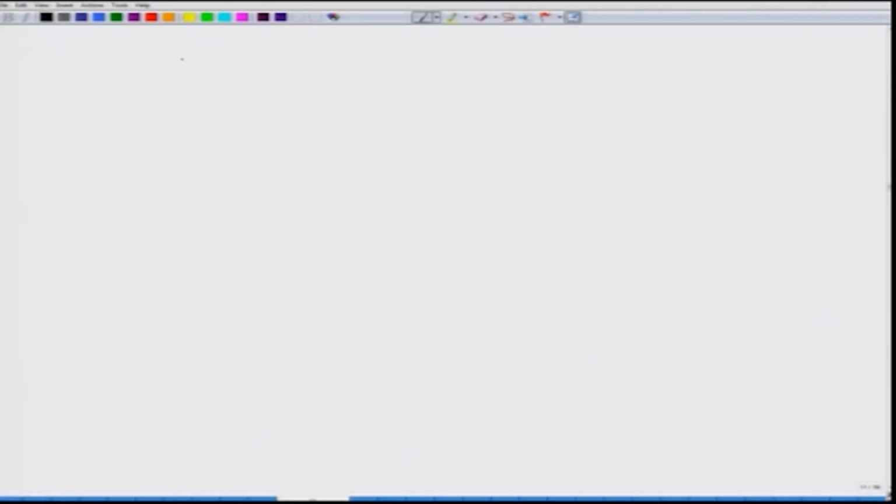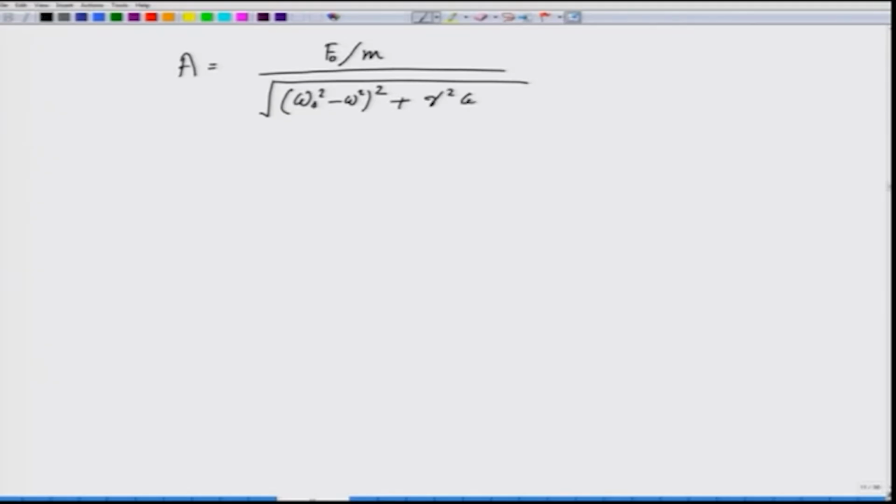Recall that the amplitude is given by F0 divided by m times the square root of (omega 0 square minus omega square) whole square plus gamma square omega square, and we want this to be less than 2 F0 over k. And therefore, this implies F0 cancels on both sides.